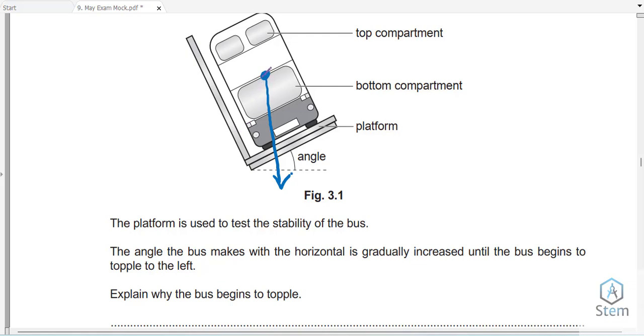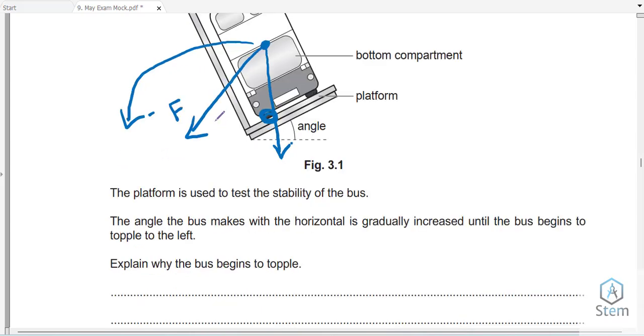But if the line of action starts acting outside the center of the bus, we are going to treat the wheel of the bus as the pivot, and now this force, which is acting outside the bus, is now creating a moment, and that moment is responsible for rotation. That is the falling over.